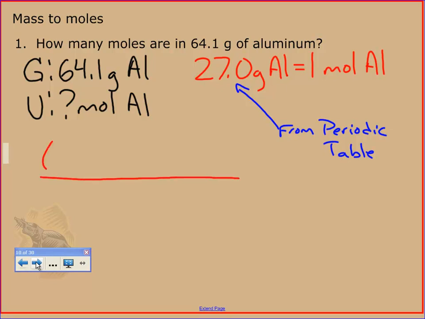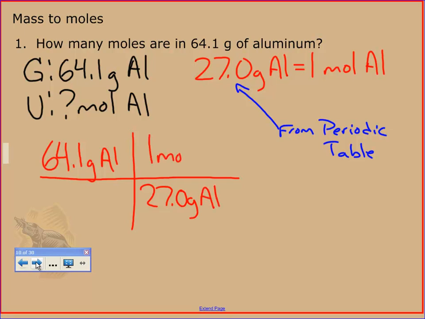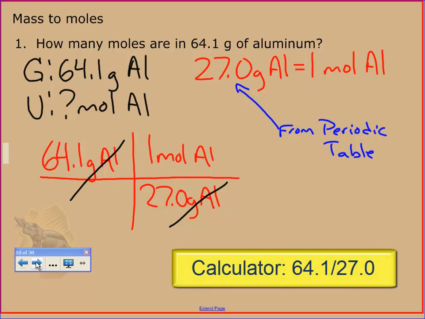That lets us go from grams to moles. So we start setting up our railroad tracks, given 64.1 grams of aluminum. We want to cancel grams, so we're going to take this 27.0 and come down here. And then the other half of that is 1 mole of aluminum. So then we cross out our grams of aluminum, and then we're going to punch this into the calculator.